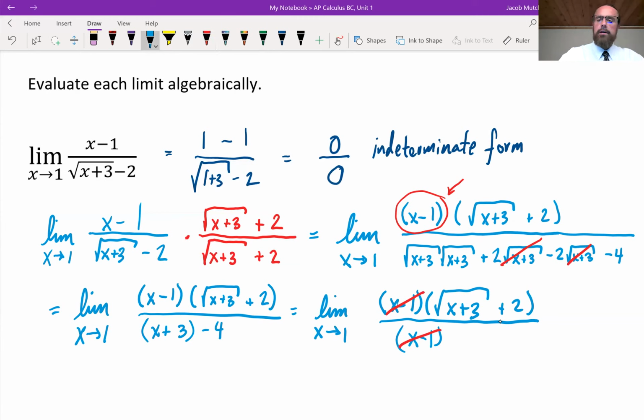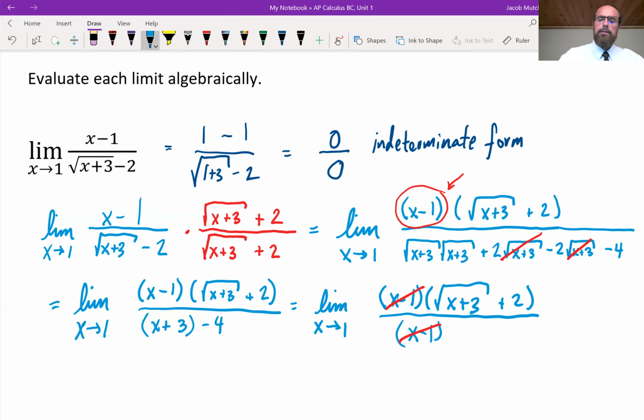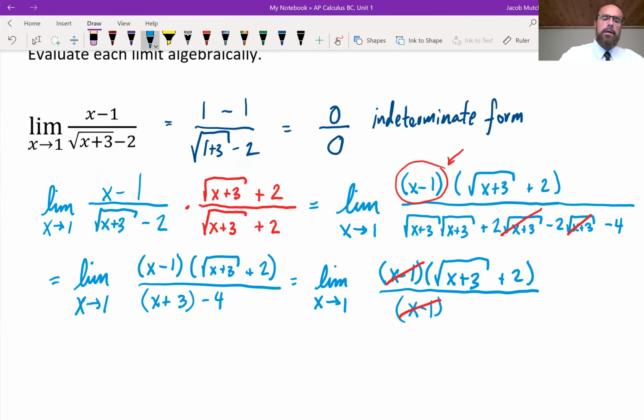So this is now equal to the limit as x approaches 1 of simply the square root of x plus 3 plus 2. And that I can now substitute the x value of 1 in for x.